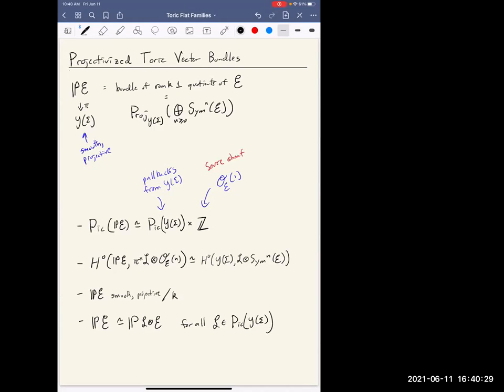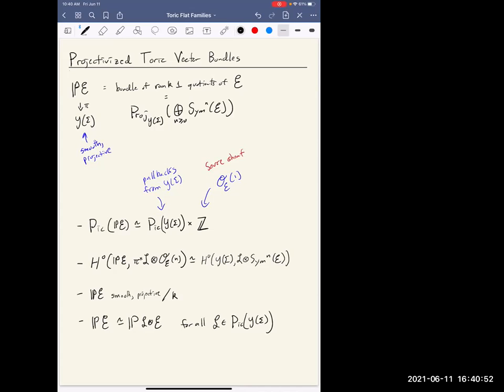These varieties are smooth and projective over the field. So they're about as nice as you can expect. And one other interesting point is, if you take a vector bundle of rank r and you tensor it with a line bundle, you get another vector bundle of rank r, and the projectivization doesn't see that.